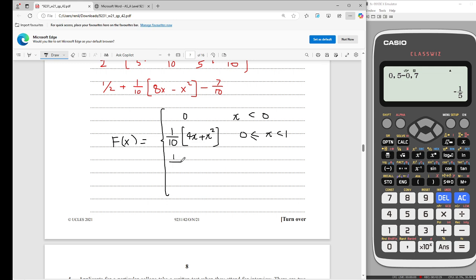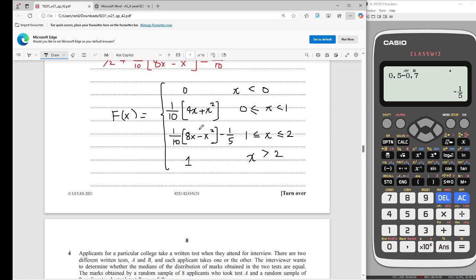So we have 1 by 10, 8x minus x squared minus 1 by 5. This is between the range 1 to 2. And this is 1 otherwise. This is in the CDF, so this is going to be for x greater than the upper limit of the second function, or the higher function, as I like to call it. Right, and this is our CDF.